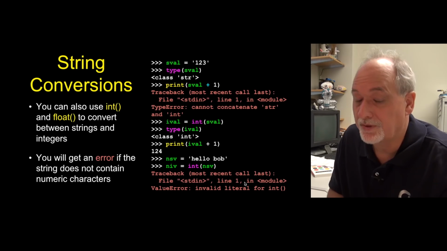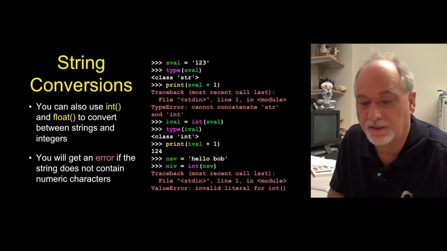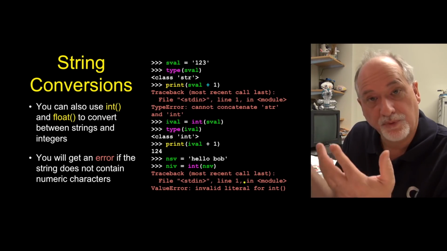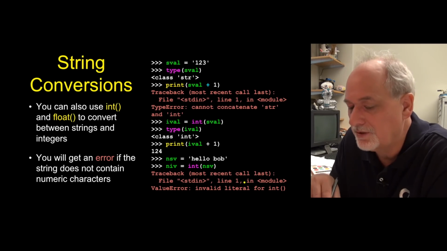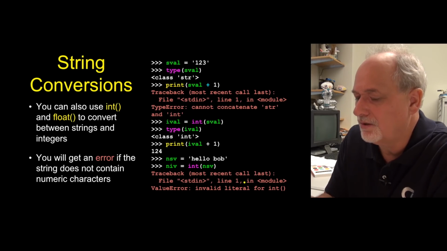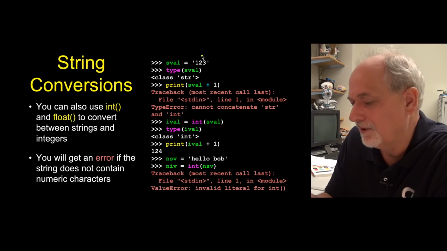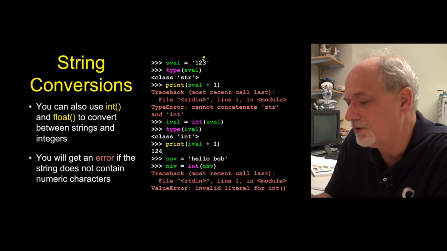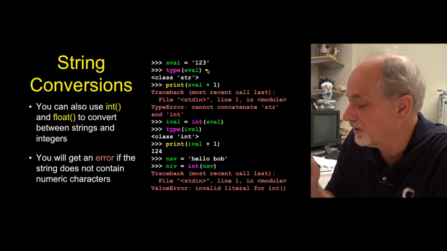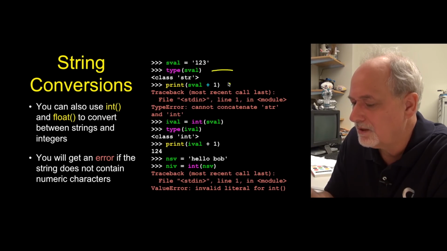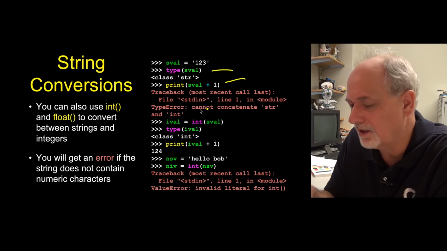We've also done this with string conversions, partly because, just as an example, the input function always returns a string. Here's this string, could be coming from input, but we'll just take 1, 2, 3. We know that that's a string. It's not the number 123. And if we try to add 1 to it, we get a traceback. Cannot concatenate string and integer.